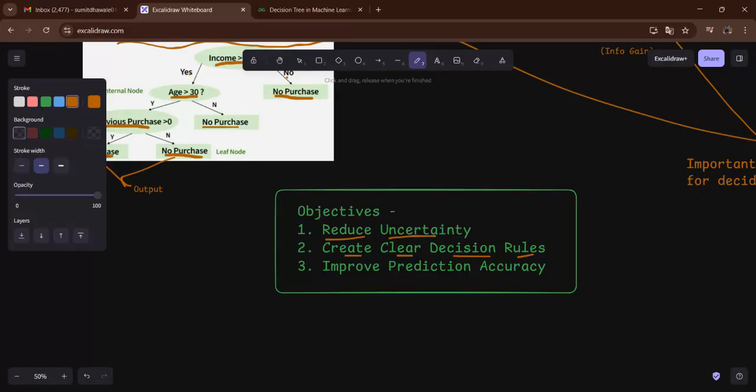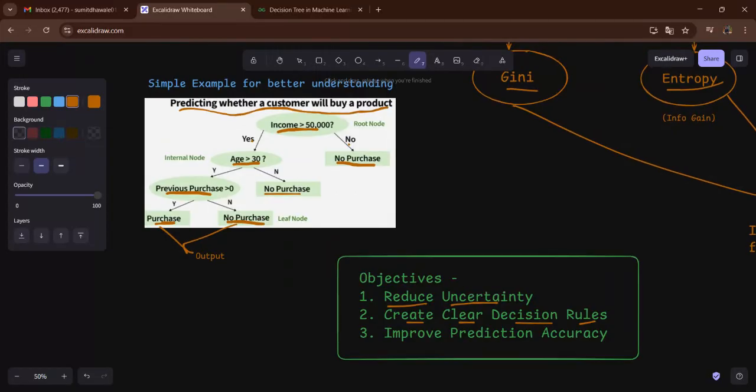If we have multiple decisions, we can see over here there are two decisions in the root node, yes or no. Which one should we choose?